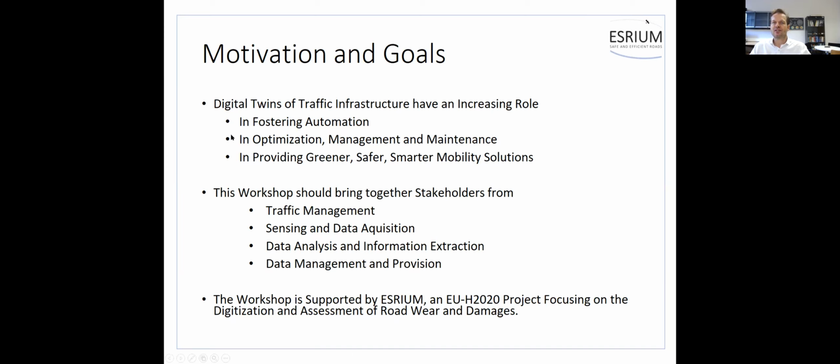This also brings us to the second field where we want to use those digital twins to optimize certain processes regarding traffic infrastructure, which includes, of course, the traffic management on it. So optimizing its usage on one hand, but also, and probably in the short term, even more important, optimizing maintenance, which means simulating and predicting the use and the life cycles of individual components in this traffic infrastructure, and then doing highly optimized maintenance operations.